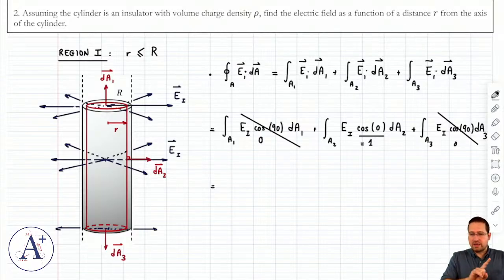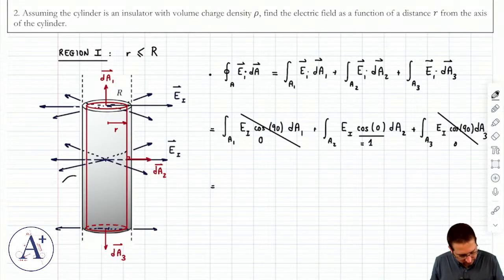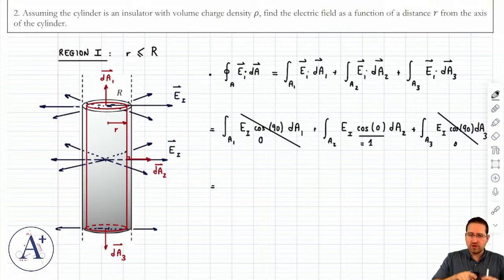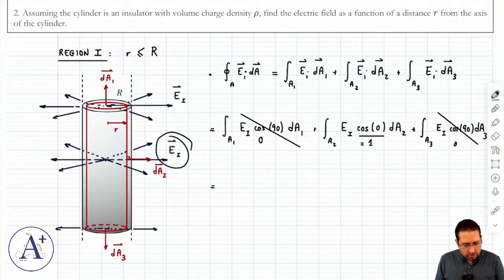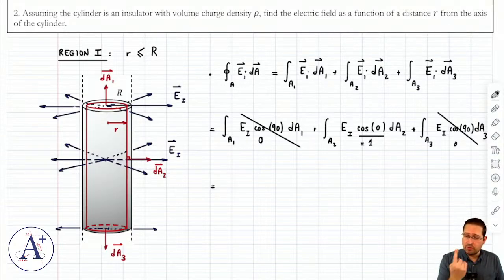On the cylinder wall, as I walk around like this, I will always see an electric field that's perpendicular to the surface, and since all the points of that surface are the same distance, little r, from the center, by symmetry, there's no reason why E1 should be stronger here than here or here. E1 will have the same magnitude all the way around.